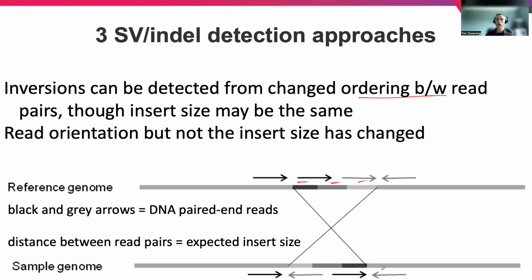So if you take these two read pairs and map them up here, this read corresponds to which one? This one, and this gray read will be the one over here. So we'll see a longer insert size when we map to the reference, and vice versa. This black read will be up here, and this gray one will be over there. So it's inverted the other way around.